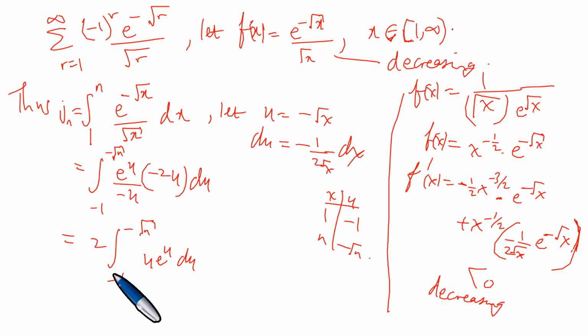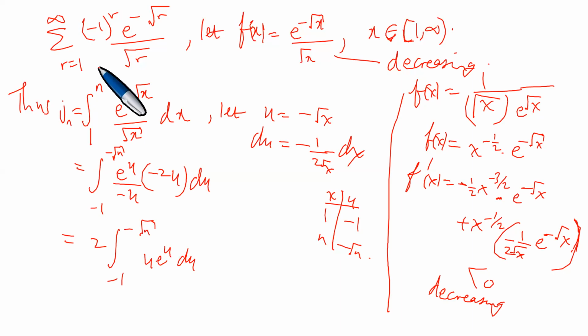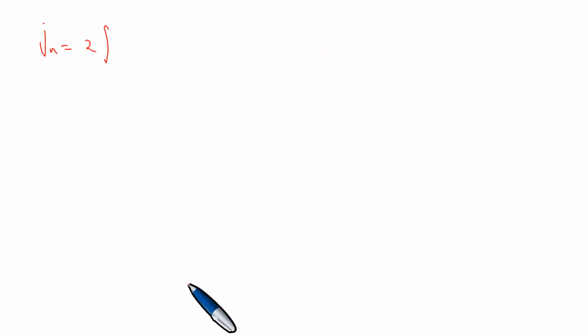Next page. So we've got that Jn is 2 times the integral from minus 1 to minus the square root of n, and then you have u e to the u.